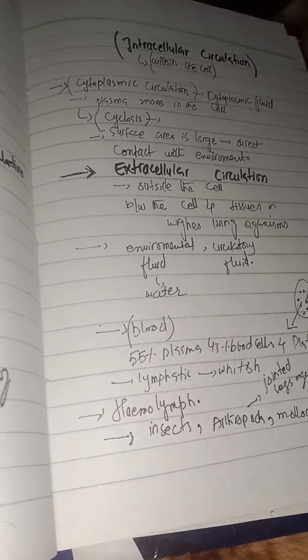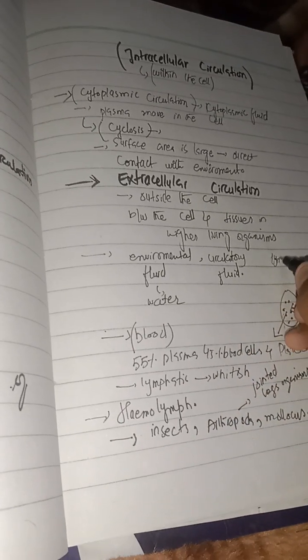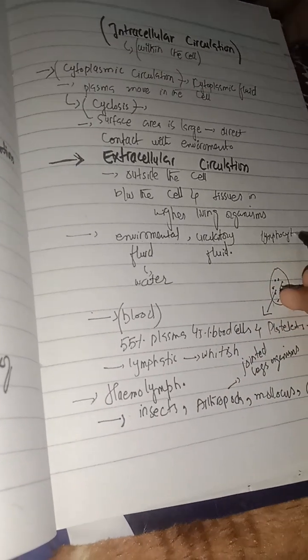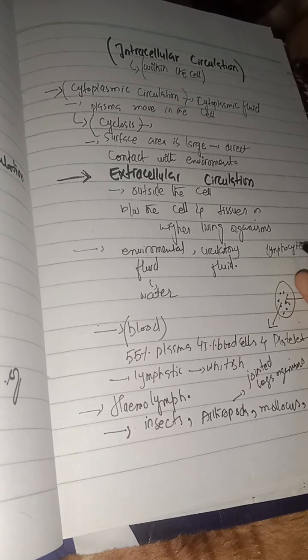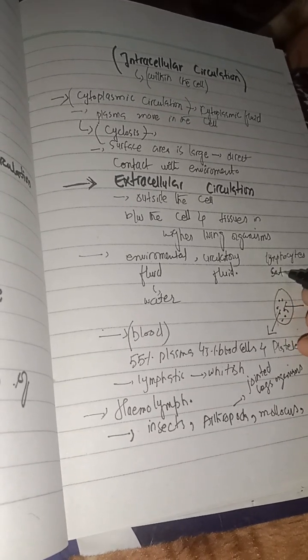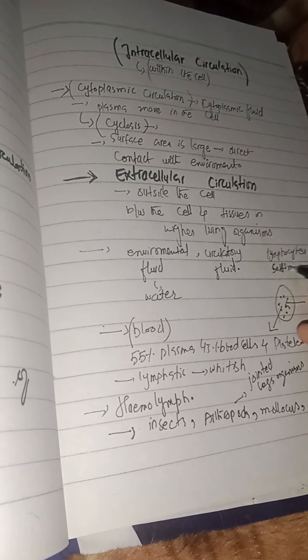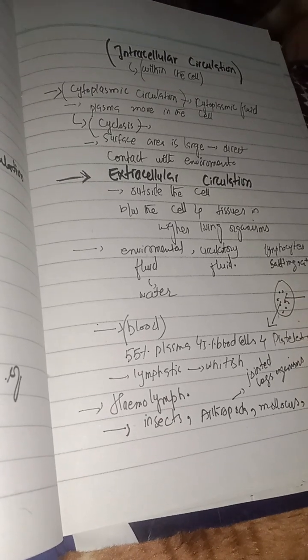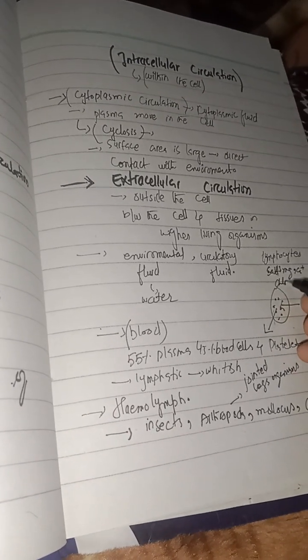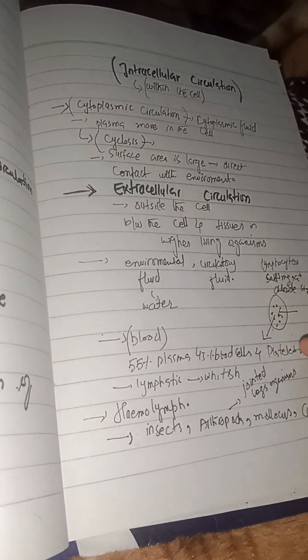Lymphocytes, salt, magnesium, calcium, bicarbonate ions, and chloride are present.